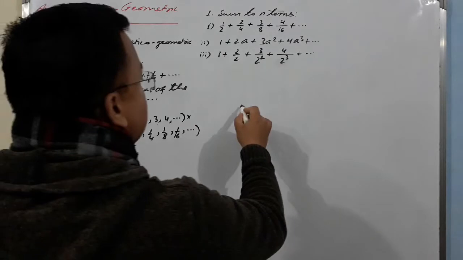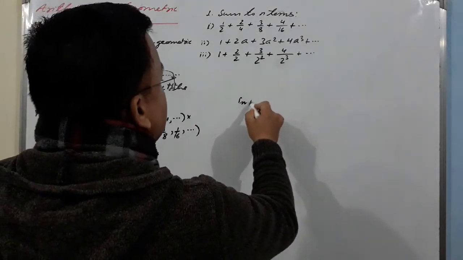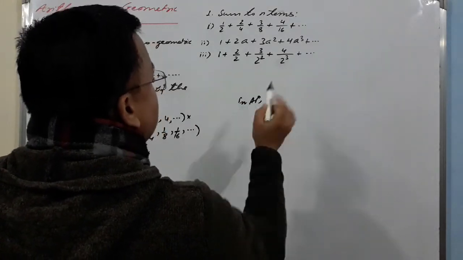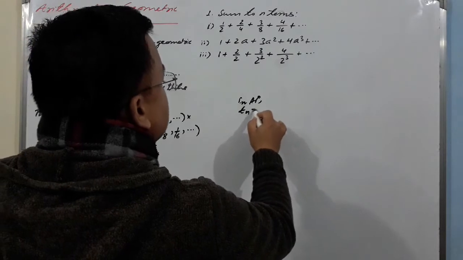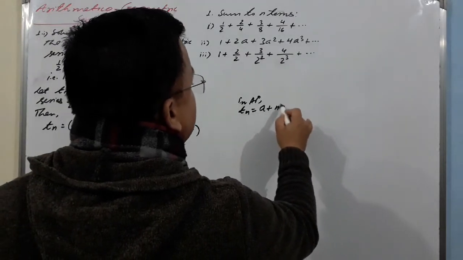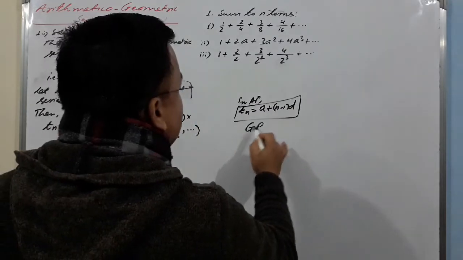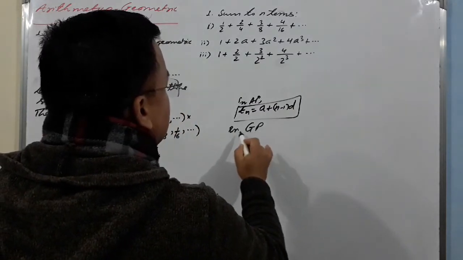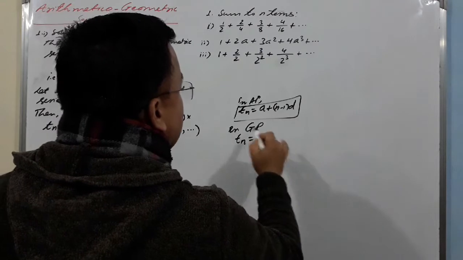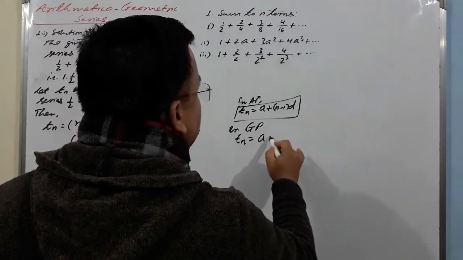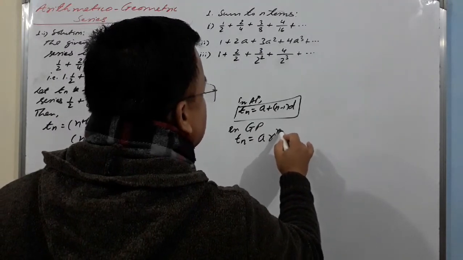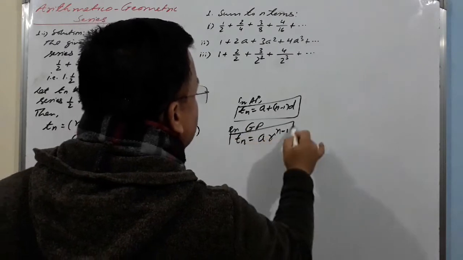If you want to find the nth term in AP, we can use this formula: a plus (n minus 1) d. And in GP, we can find the nth term by using this formula: a times r raised to power n minus 1.